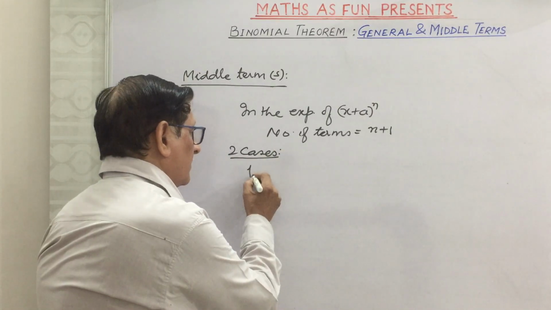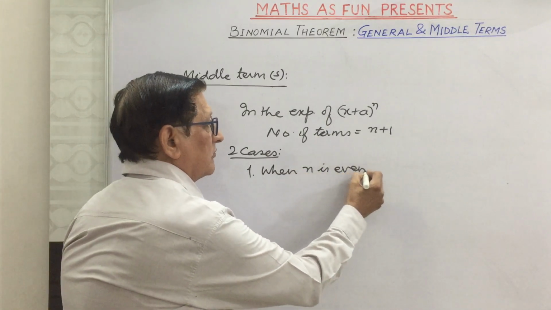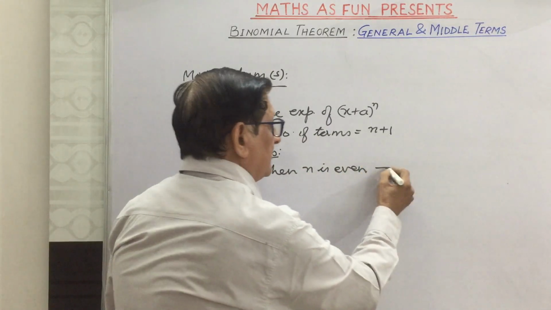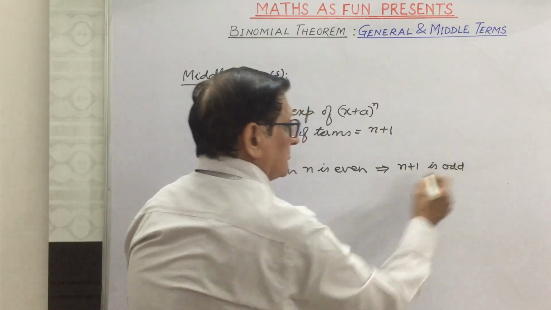Number one, when n is even. If n is even, this will imply that n plus 1 is odd.